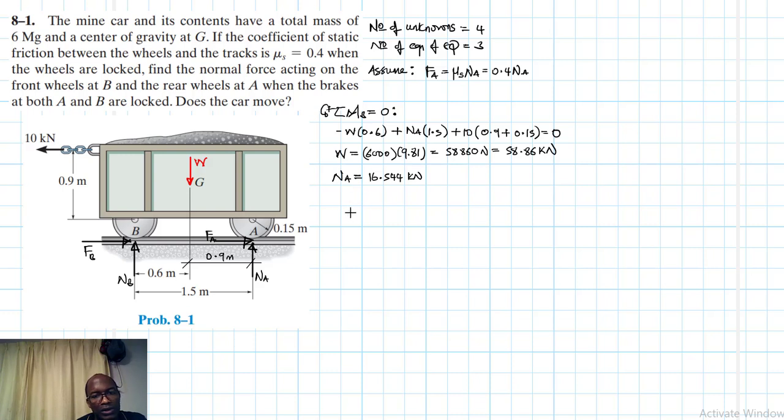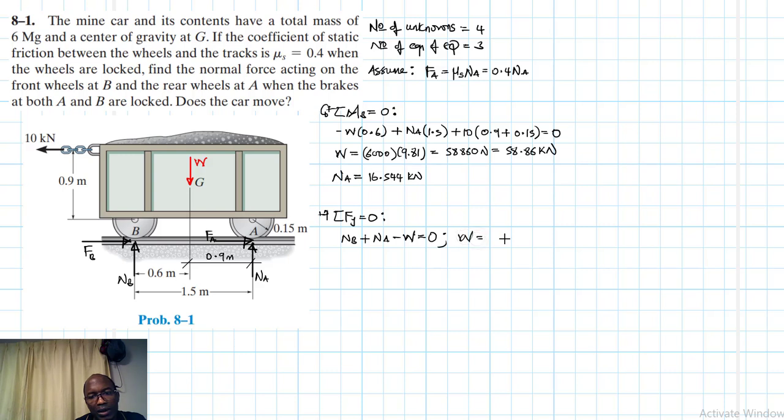Alright, so found this. So let's use this other equation to find the vertical component. This is just going to be equal to NB plus NA minus W equal to 0.